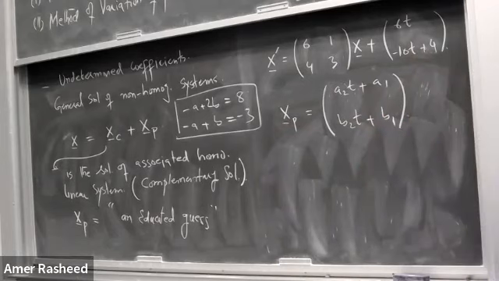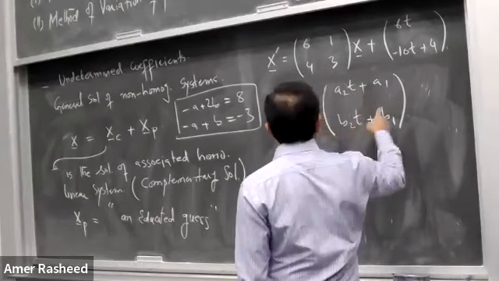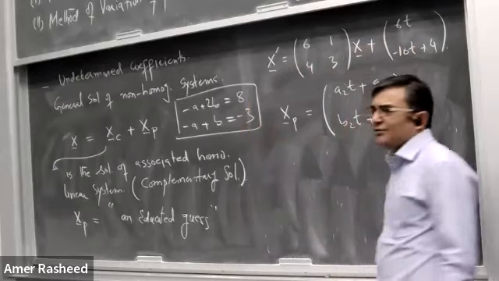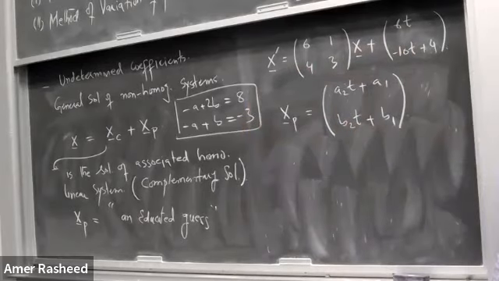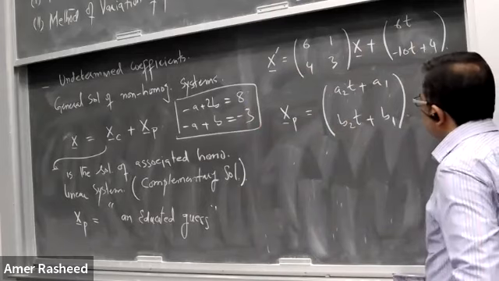Then you insert this particular solution in this system and try to find the values of these constants a1 and a2, b1 and b2. We have now 4 constants.